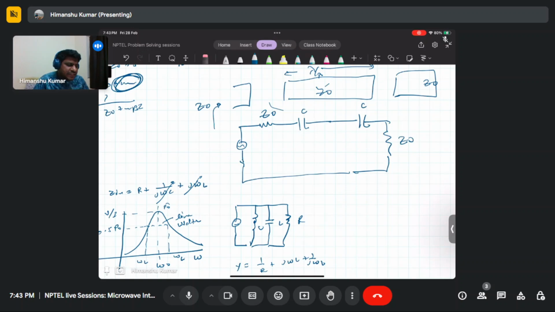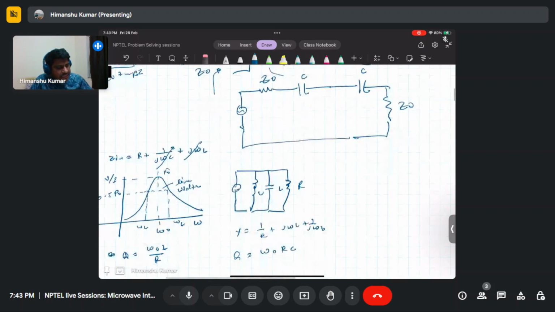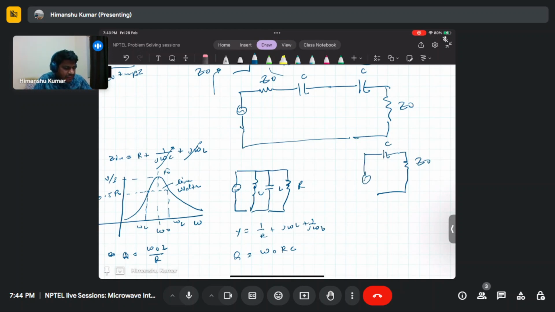If both C are the same, then your equivalent circuit is basically C times Z naught. So this will behave as a low pass circuit.